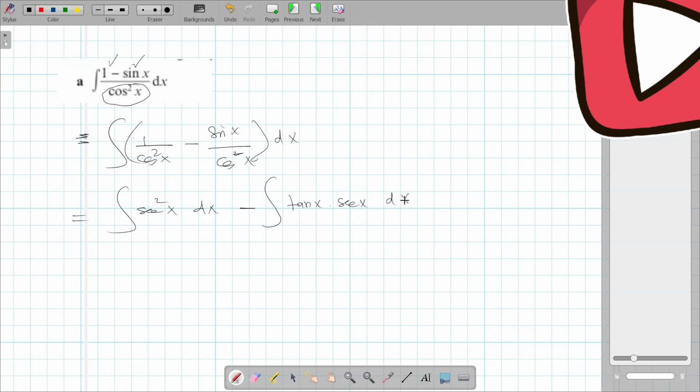Because sin over cos is tan and 1 over cos is sec. Now, whose derivative is sec square? tan x. So whose derivative is this? Sec x. Oh, look, this was very easy. I messed it up at step one. Okay, I see.